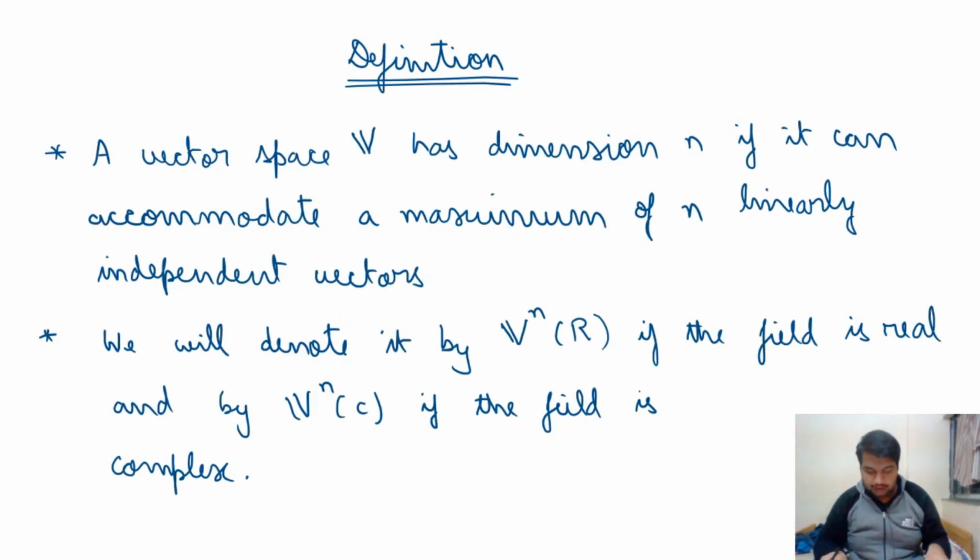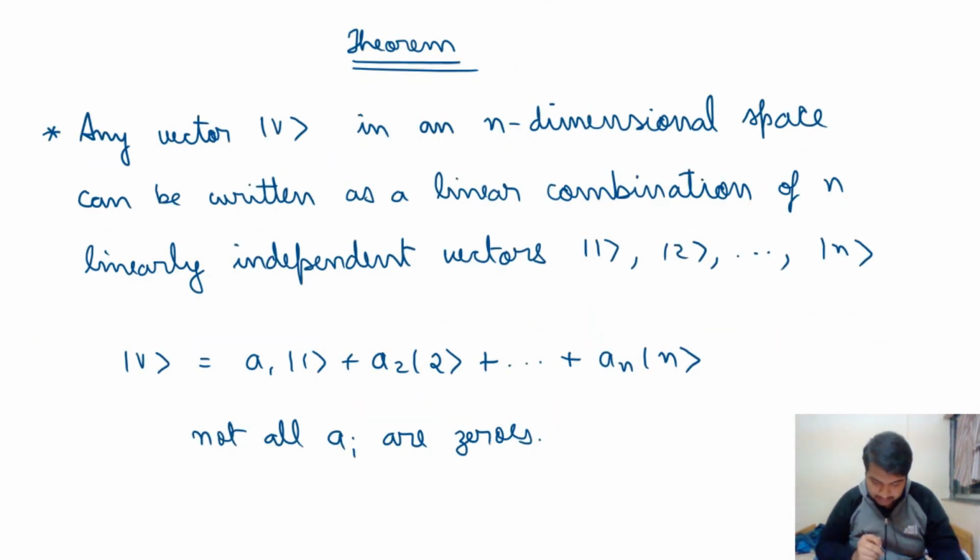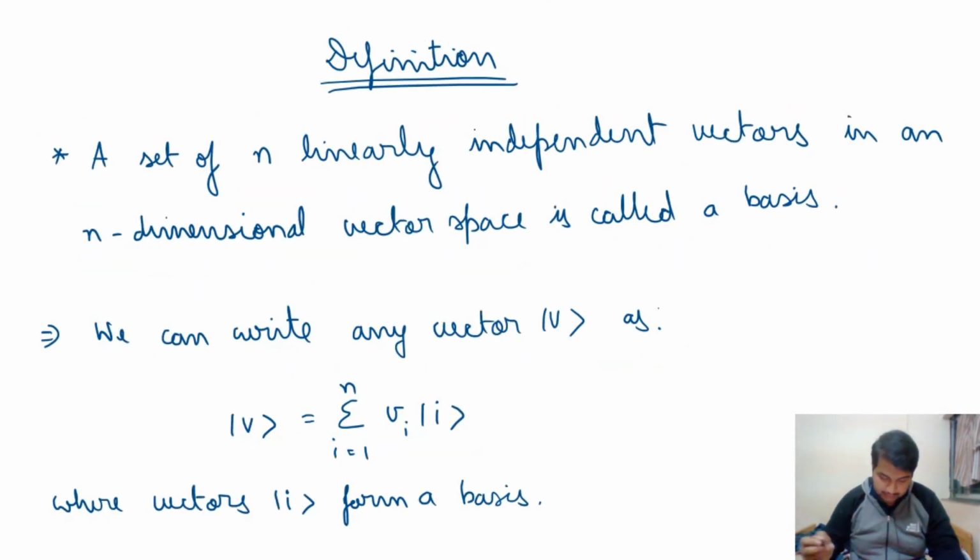Just to recall, you can pause the video and see what we mean by the definition of dimension of a vector space, and the theorem which says that you can express any random vector v in the vector space as a linear combination of n linearly independent vectors if the dimension of the vector space is n. This is the definition of basis.